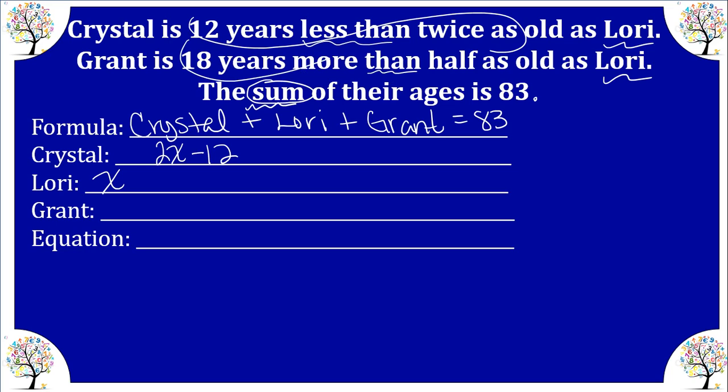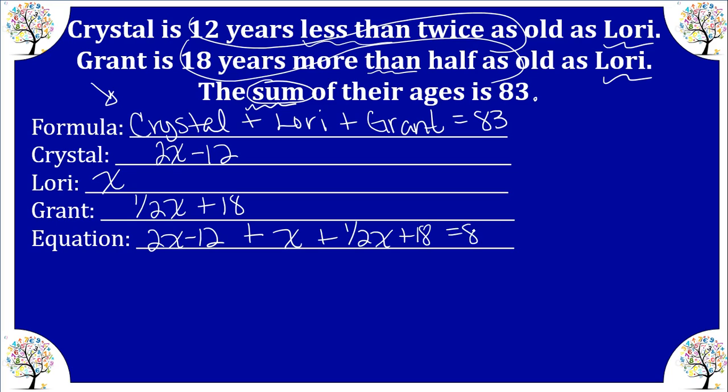So we're going to flip the plus 18 behind half of Lori. So half x plus 18. Now we're going to use the formula to replace the words Crystal, Lori, and Grant with their algebraic expressions. So Crystal, 2x minus 12, plus Lori, x, plus Grant, 1/2 x plus 18, equals 83.